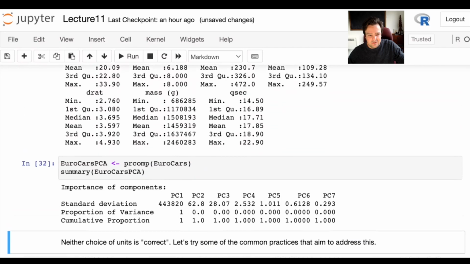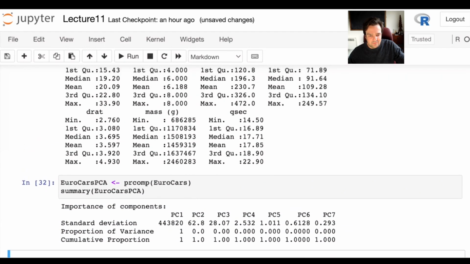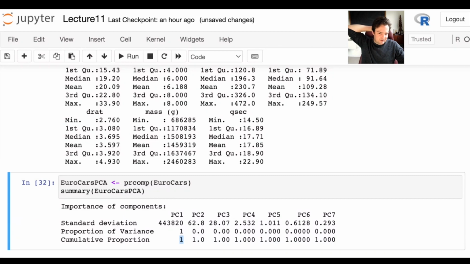And here you get a pretty significant difference, right? Principal component 1 has all the information. It's bizarre, right? You get nothing from any of the other principal components. So maybe what that really means is we just blew up the data. We multiplied one of the columns by 500,000, and that ruined everything.